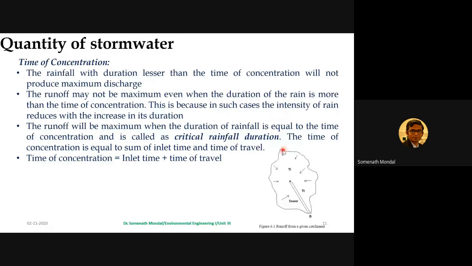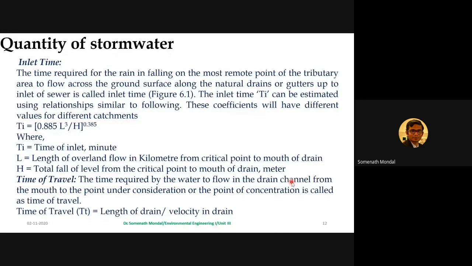Let us consider this point, this point, this point, and this is the inlet. The time taken for water to come from here to here, once precipitation is happening at this point, is known as inlet time, denoted as Ti.